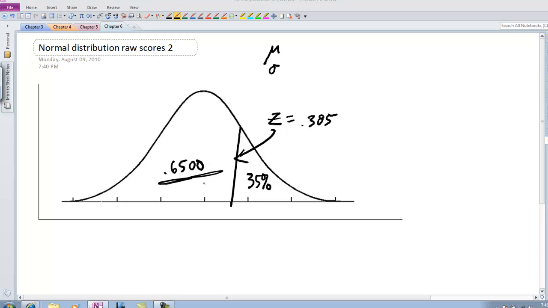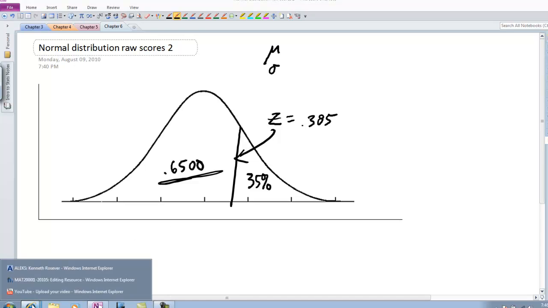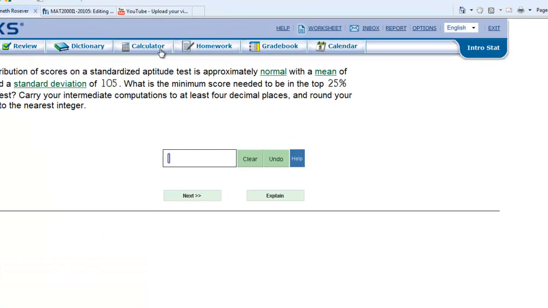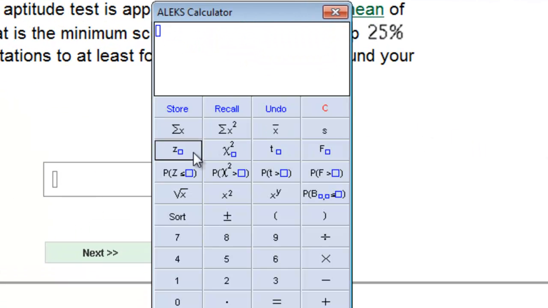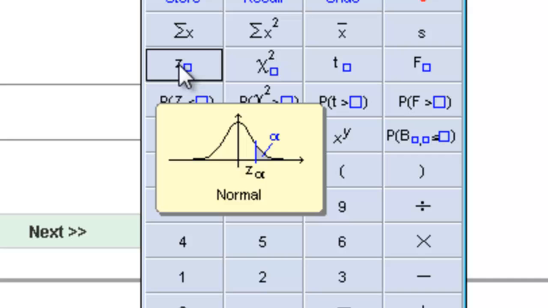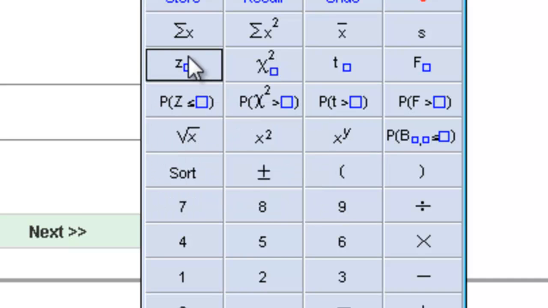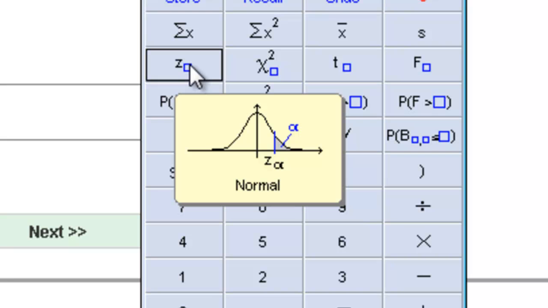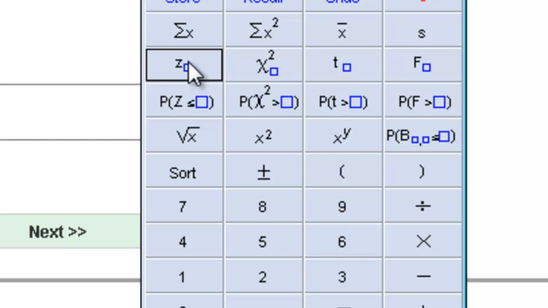So there's the way you do it from the table. You look up this value over here. However, when you do it in the ALEKS calculator, you don't look up the left side, you look up the right. That's the biggest difference between doing it with the table and using the ALEKS calculator. Let me show you. If you look closely after hitting the calculator button at this little button here, Z with a little square next to it, you notice that it says Z alpha, and alpha is the percent of the distribution that is to the right of the z value.